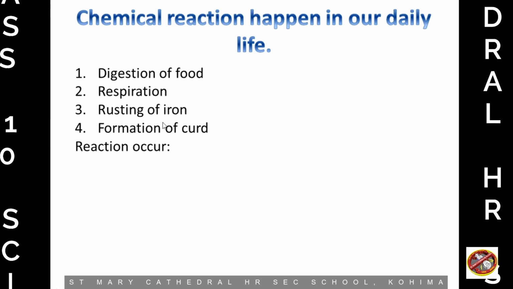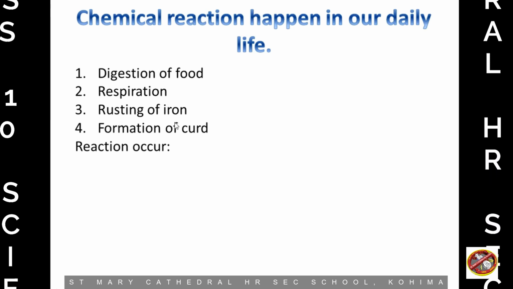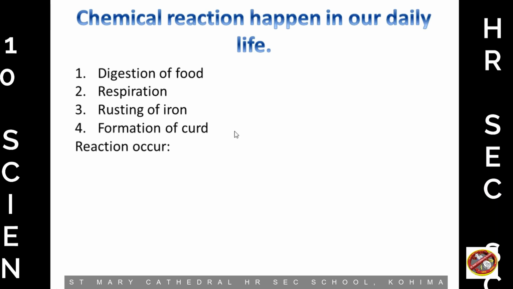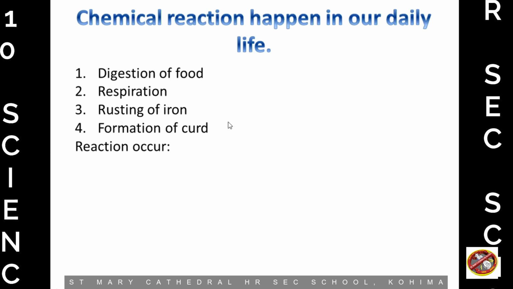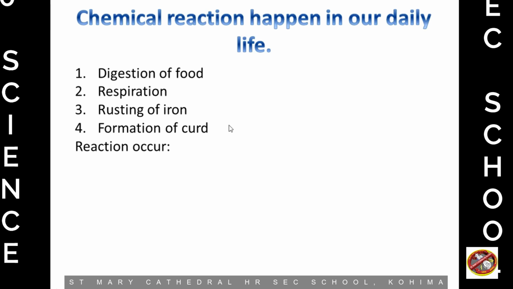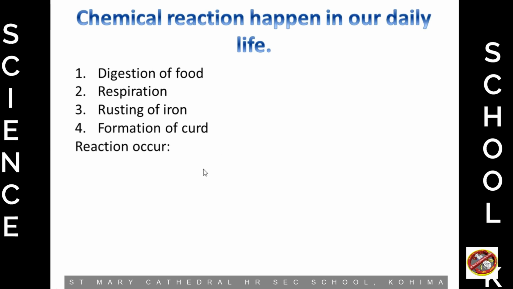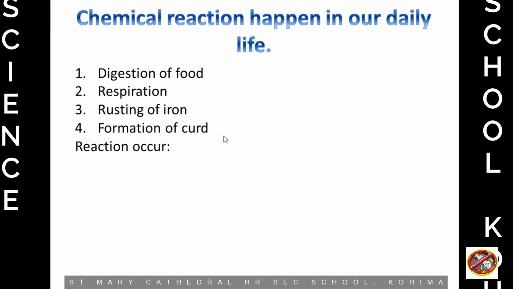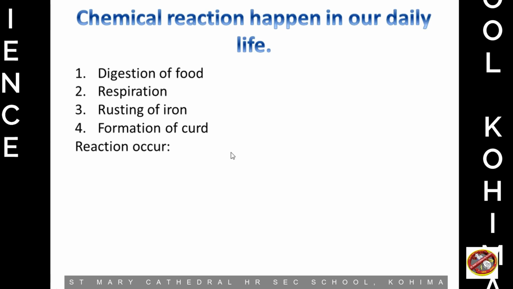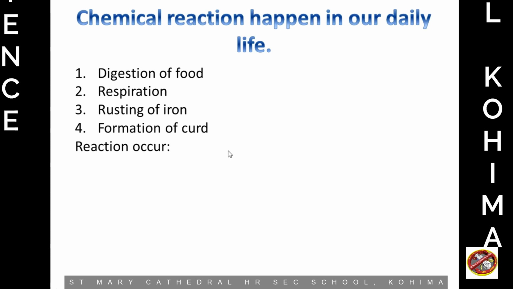Another thing is rusting of iron. If you leave your iron outside for too long, you see that it turns reddish in color, right? What is happening? A chemical reaction is taking place, whether you interfere or not. If it is present with other chemicals, some chemical reaction will take place even though it takes time.